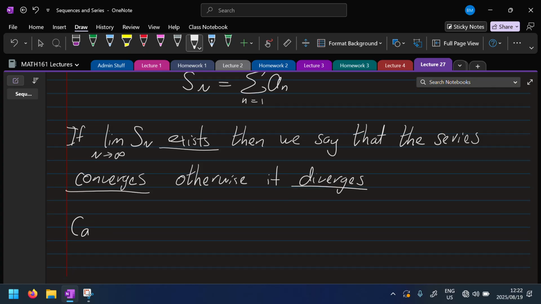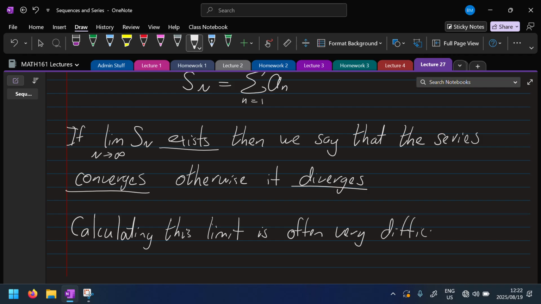Now, calculating this limit is often very difficult. So actually calculating it, we're not going to be doing that.